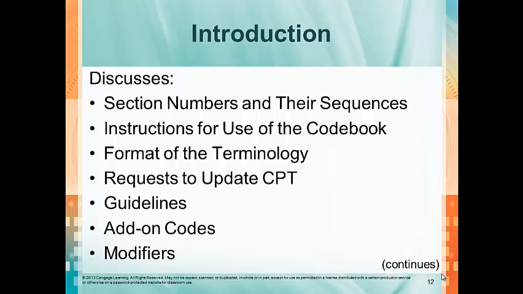The introduction to the book contains valuable information that will help you navigate through CPT coding. Text, symbols, history, and use of the book are all explained in the introduction. Also found in the introduction is a breakdown of the section numbers and their sequence, introductions for using the CPT book, formatting, explanation of guidelines, add-on codes, and modifiers.